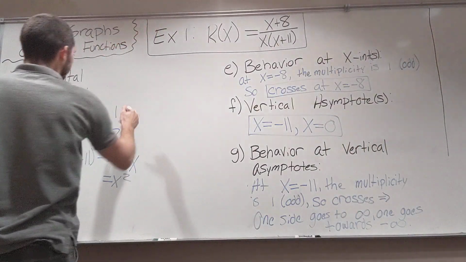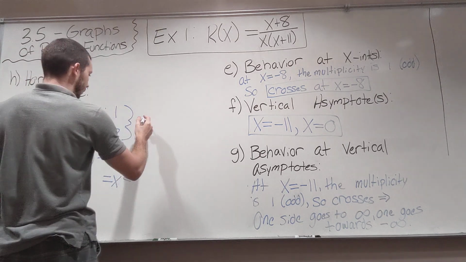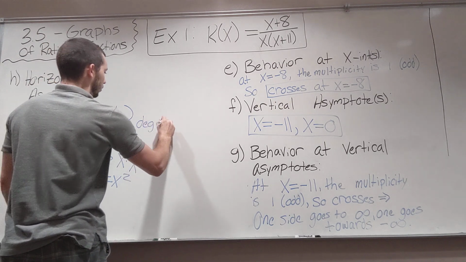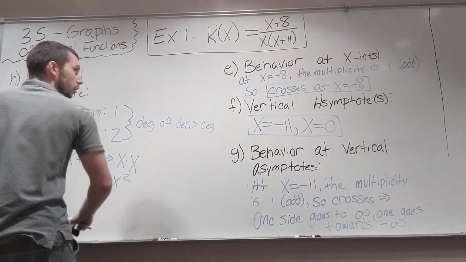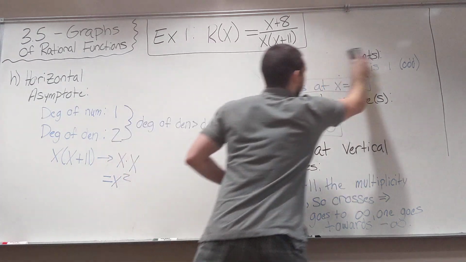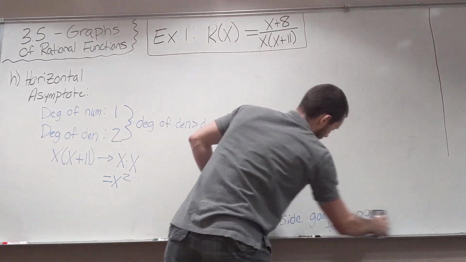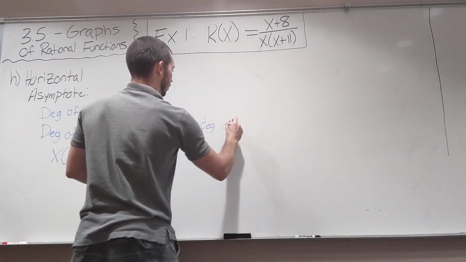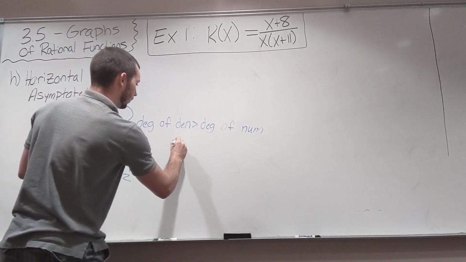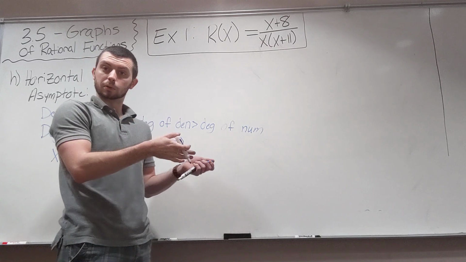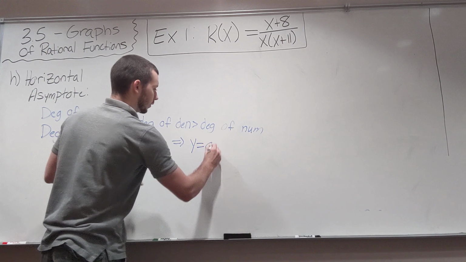But since we have that the degree of the denominator is larger, then what we can conclude, if you look back to the previous section, is that this always determines that y is equal to 0.